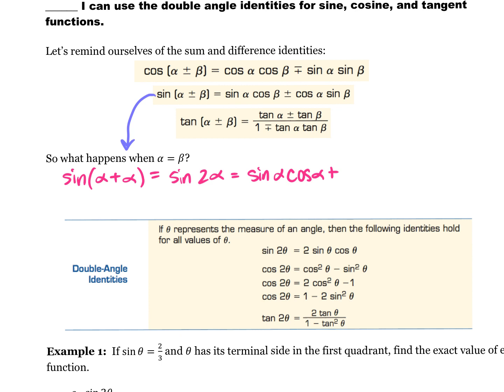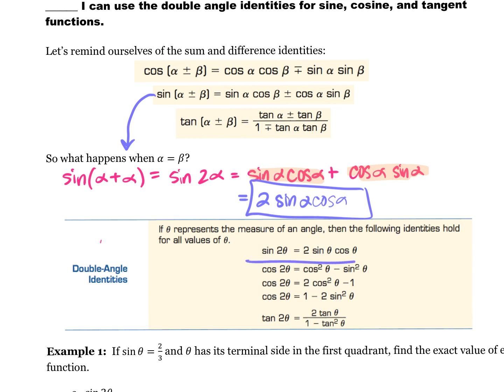Cosine alpha, sine alpha. Are these 2 things the same? Sine alpha, cosine alpha, sine alpha. They're the same. So what's 1 sine cosine plus 1 sine cosine? 2 sine alpha, cosine alpha. This right here is the double angle identity.